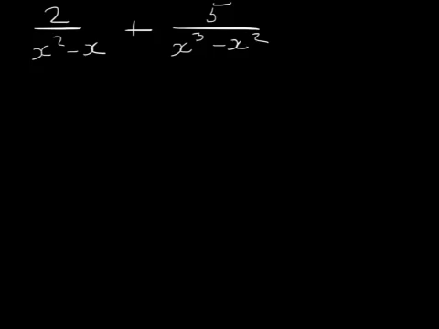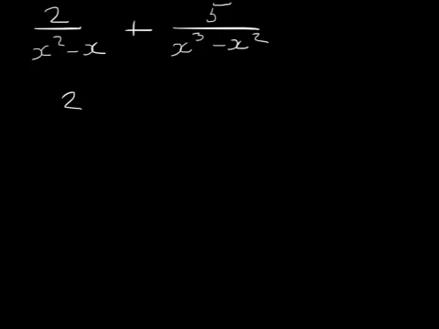Here's another example where we have 2 over x squared minus x plus 5 over x cubed minus x squared. So before we look for a lowest common denominator, we need to factorize our denominators. In here we can see there's an x squared and an x, so there's a common x to both.